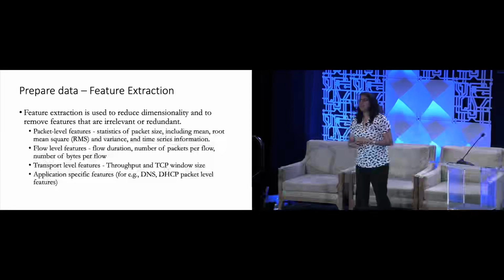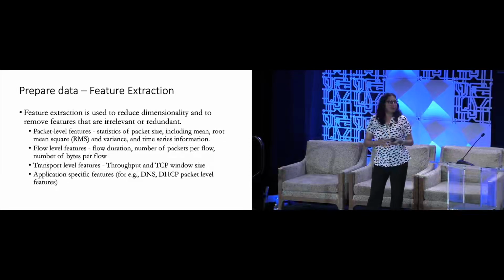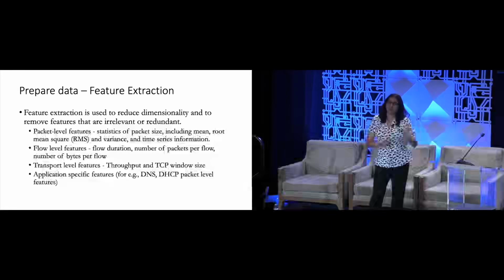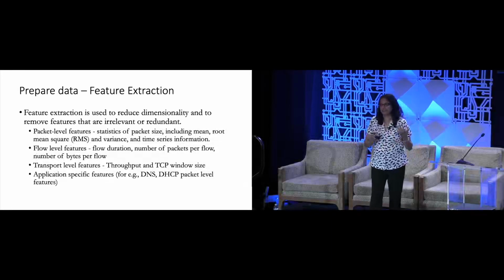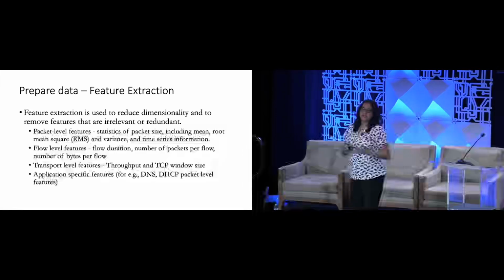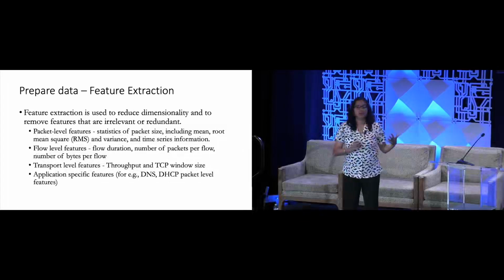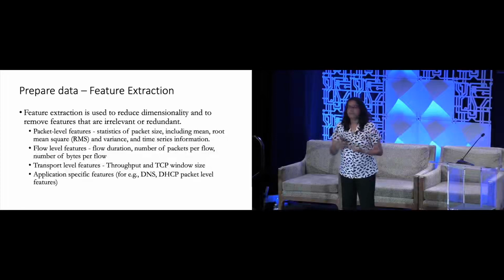So the next thing that we had to do was feature extraction, and this was also the most tedious and really difficult aspect of doing the machine learning for networking. This involved knowing the domain.